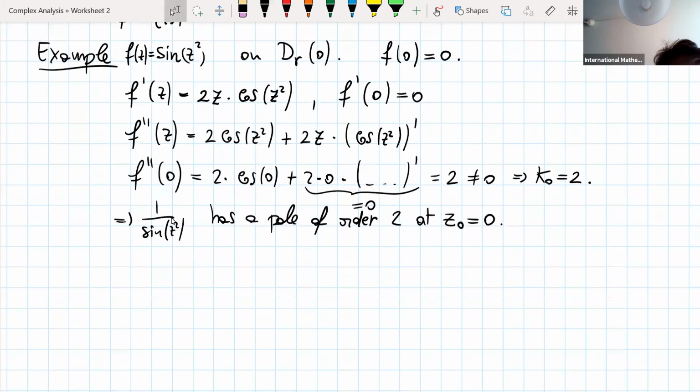Okay, so this gives us a way to compute the order of poles. I want also to make a remark here that you can have a similar result if you consider the power series expansion of sine of z squared.